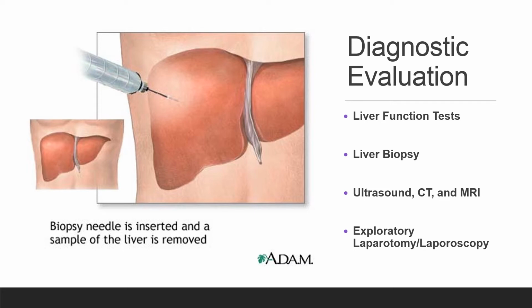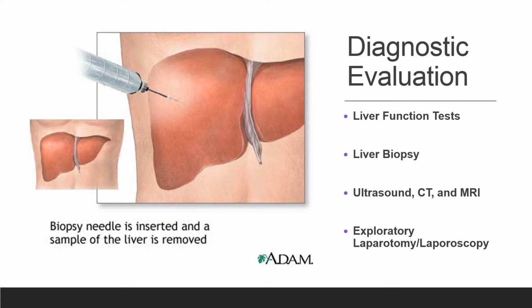An ultrasound, CAT scan, and MRI are used to identify the normal structures of the liver and any abnormalities of the liver and biliary tree that may exist. An exploratory laparotomy is when the abdomen is surgically opened to evaluate the abdominal organs. It's usually done after a traumatic injury or for abdominal tumor removal.